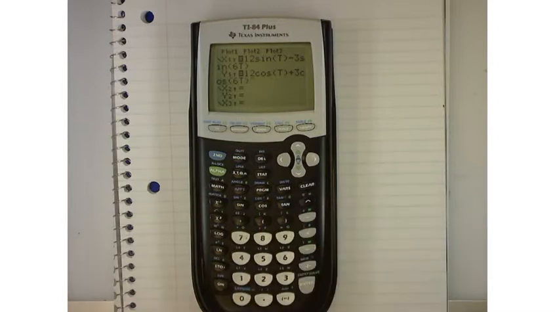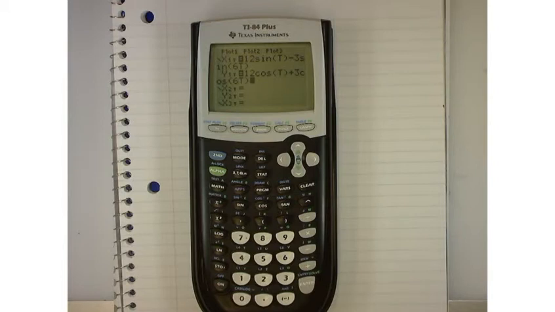Alright, let me double check that I've entered everything correctly. Just to read the example, it says, match the parametric equation with their graph, state the approximate dimensions for your viewing window, and give the parameter interval that traces the curve exactly once.